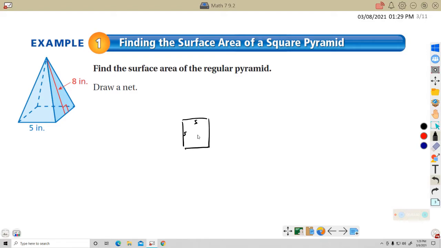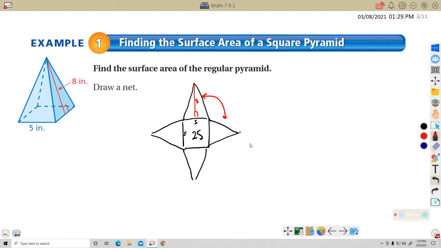So we know the area of this base is 25, and then we've got these other 4. And again, when you draw this, remember these side lengths should be the same, because when they fold up, they're going to join together along these edges here. If you happen to sketch this, now let's draw in the slant height here.